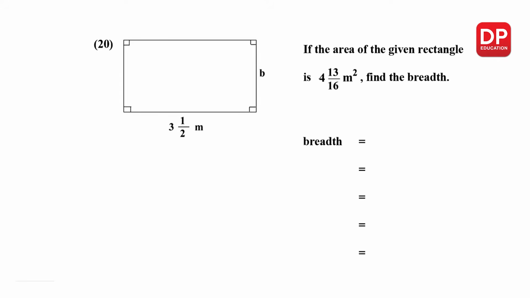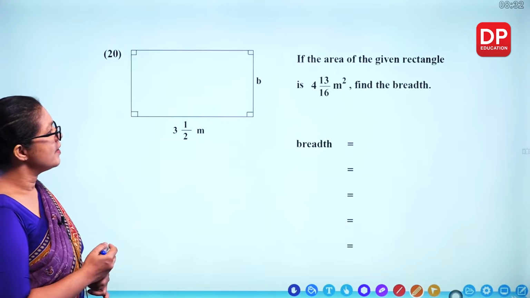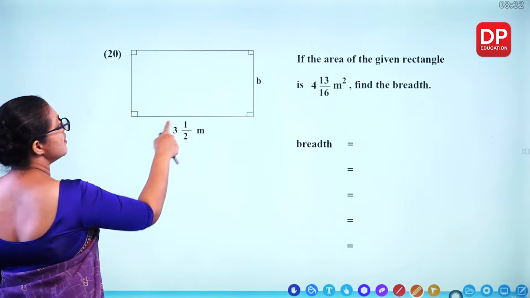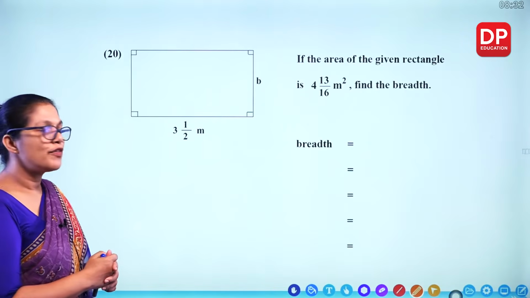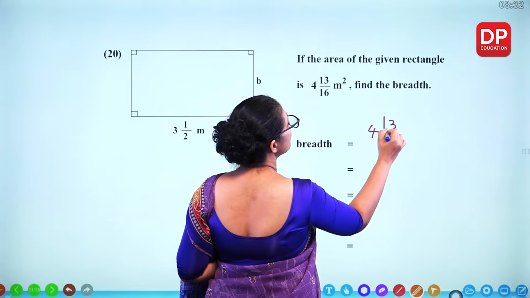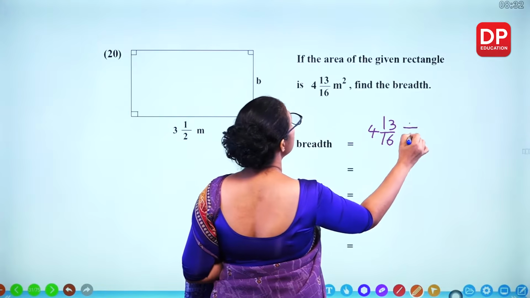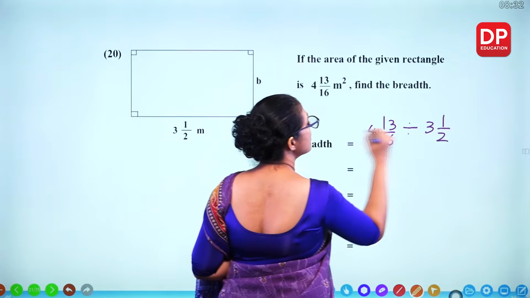Look at this diagram. You have a rectangle and the area is given. Find the breadth, and the length is given as 3.5 meters. So how do you find the breadth? Area divided by the length, 3.5.